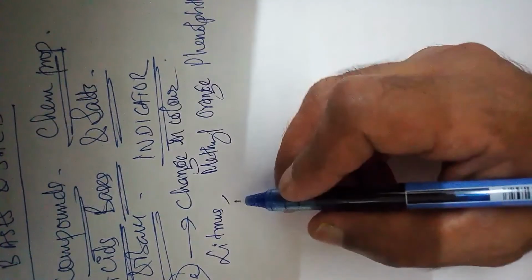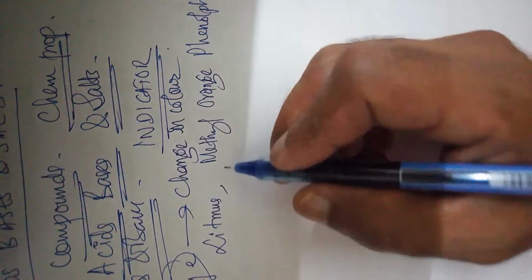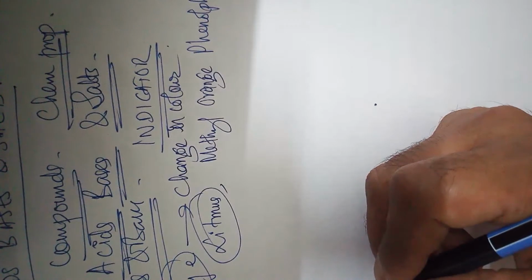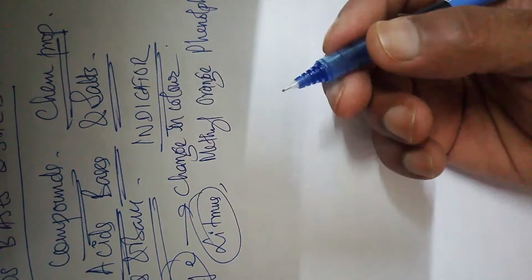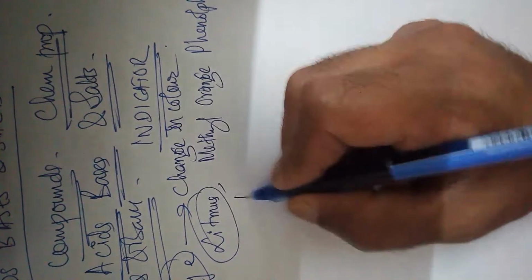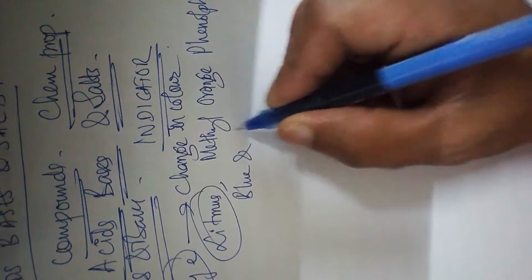The most common indicator used in the laboratory to test acids and bases is litmus. Litmus can be used in the form of litmus solution or litmus paper in its two colors, blue and red.